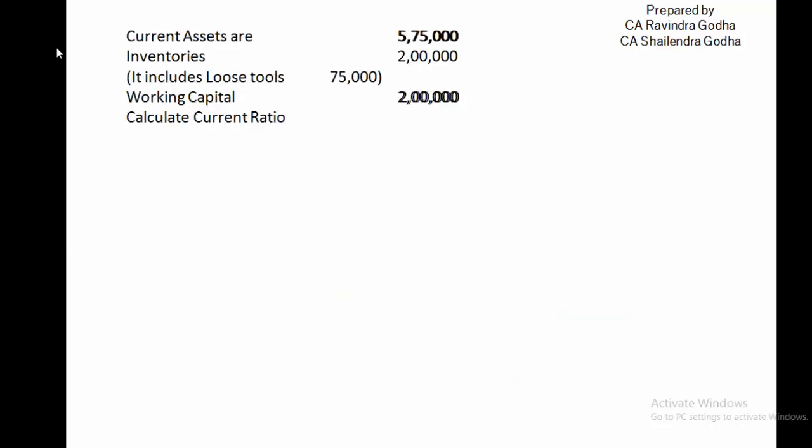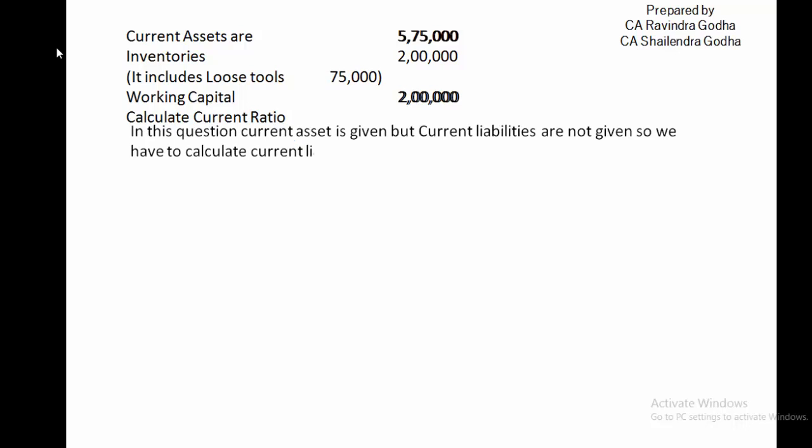Next question. In this question, current assets, inventories and working capital are given and we have to calculate current ratio. Current liabilities are not given, so we have to calculate current liabilities with the help of working capital.